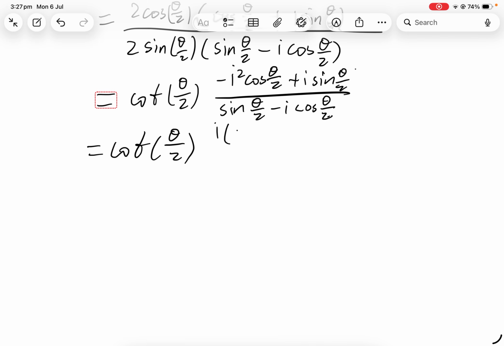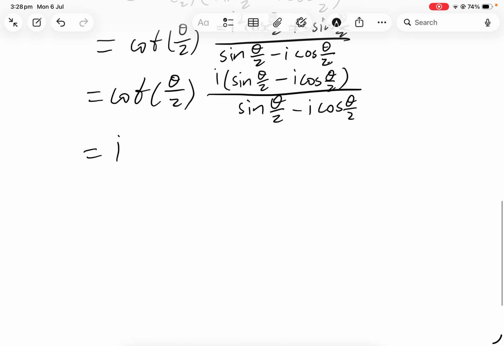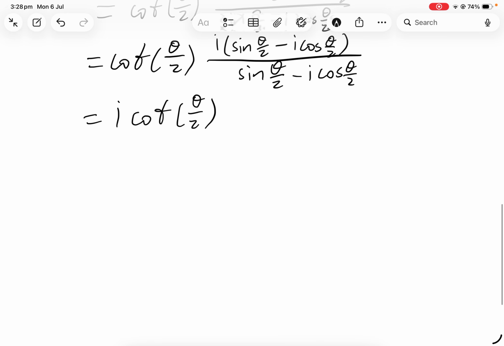That becomes sine theta over 2 minus i cos theta over 2, and we've done it. The bottom and the top have a common factor, so we can cancel these two out. That becomes i cot theta over 2. That's it for part A of this question.